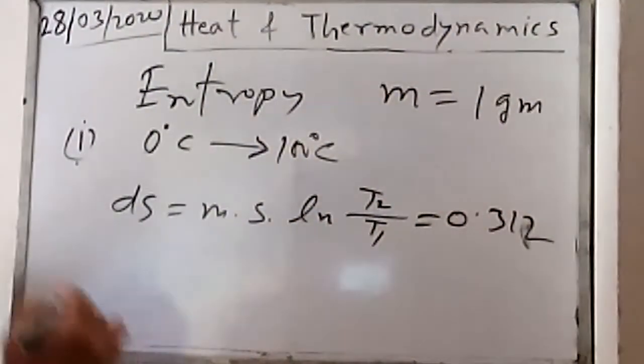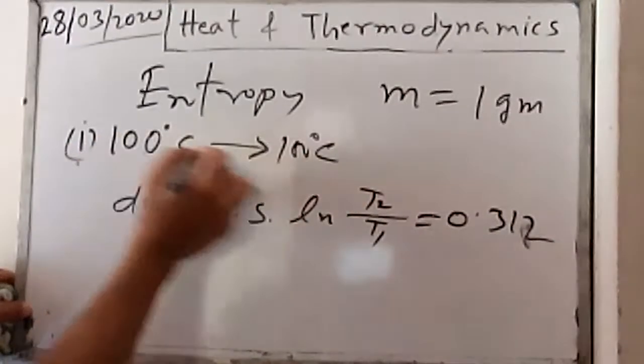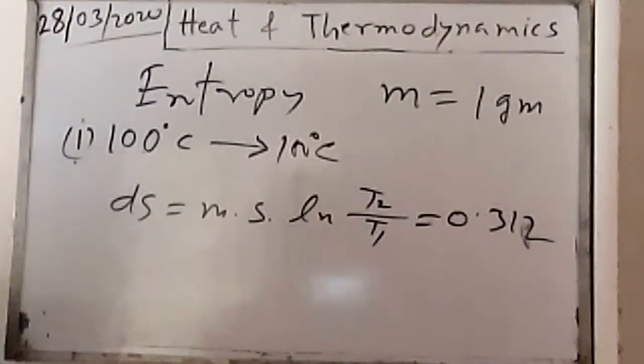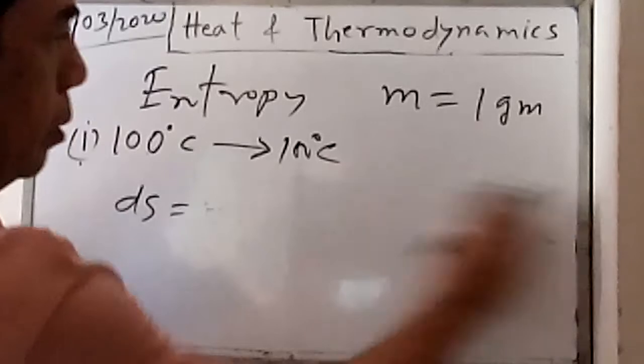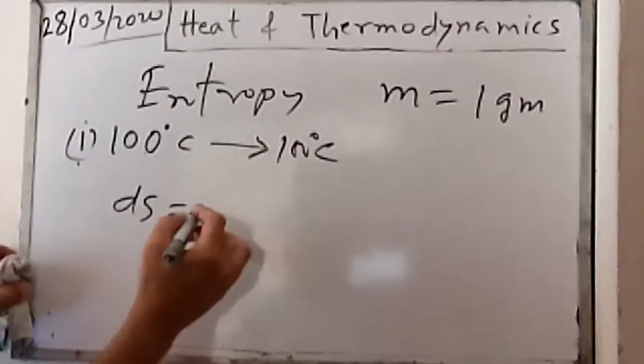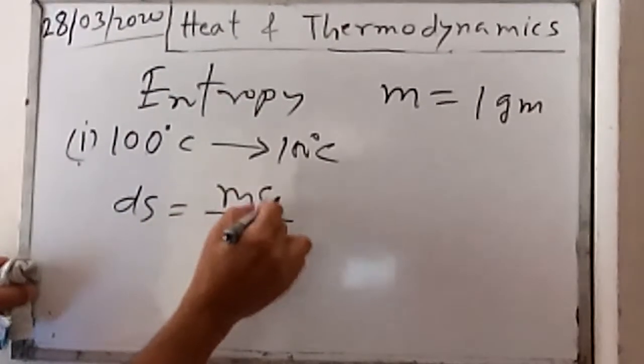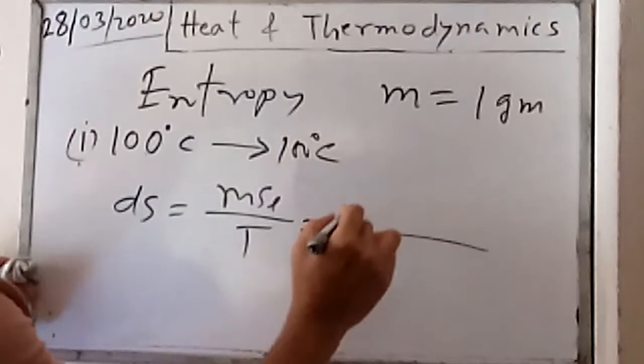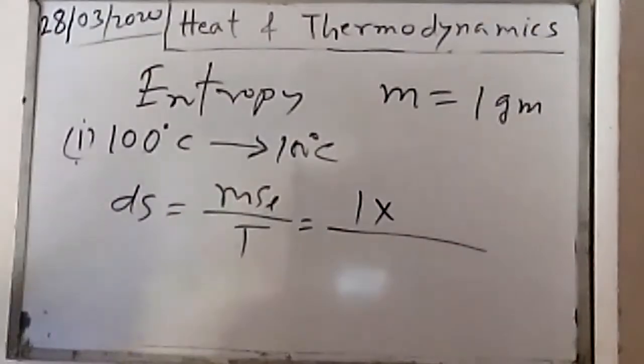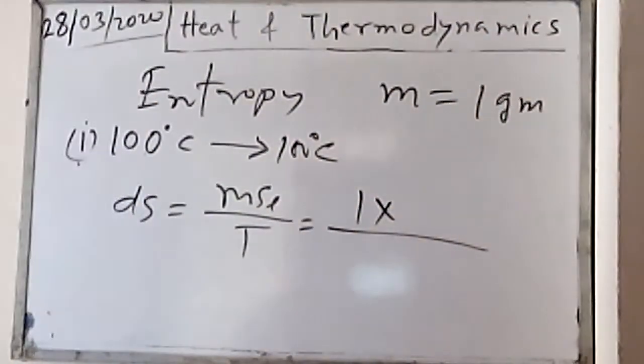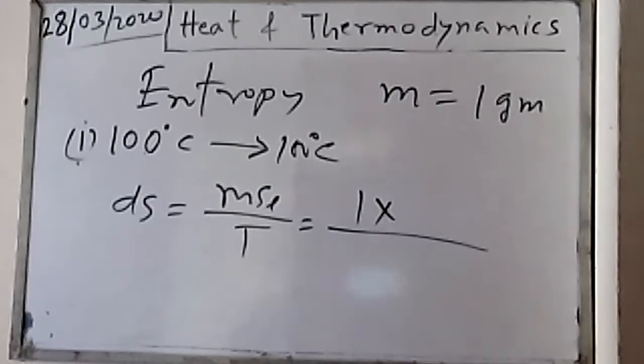And also for 100 degrees Celsius water to 100 degrees Celsius steam, this is mL by T, mass 1 gram into the latent heat for steam.